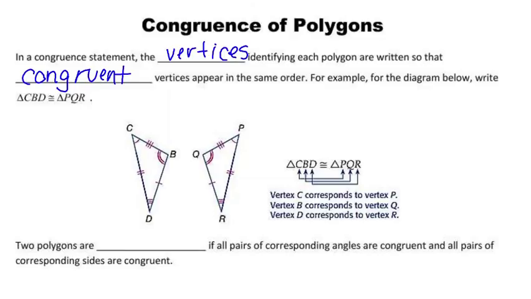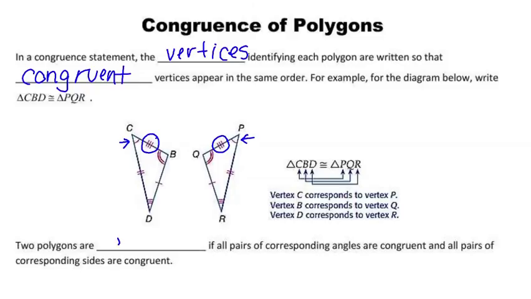You can see that C and P have the same measurement, and they also have a single arc. You can see here, there's C and there's P. You can also see that angle B and angle Q are going to be the same. They both have double arcs. D and R are both the same because they have triple marks. And then you can match the sides too. BC or CB and PQ both have 3 tick marks, and you can match them from there.